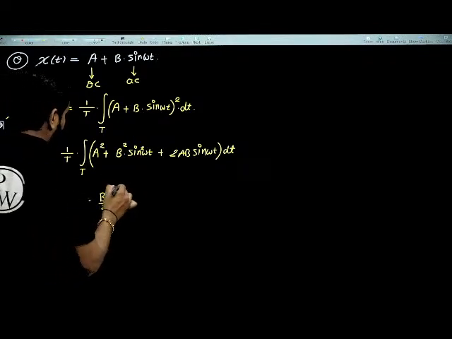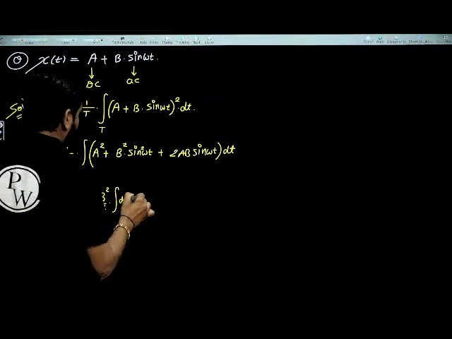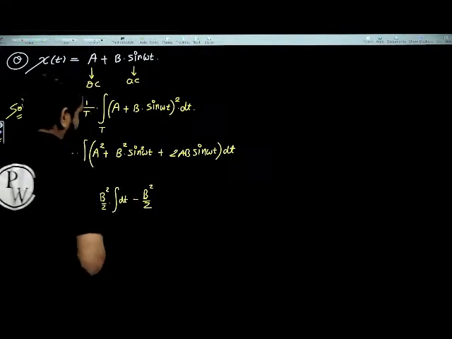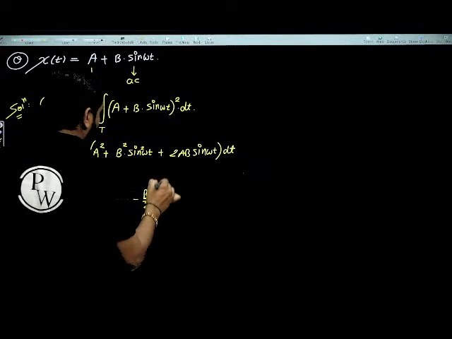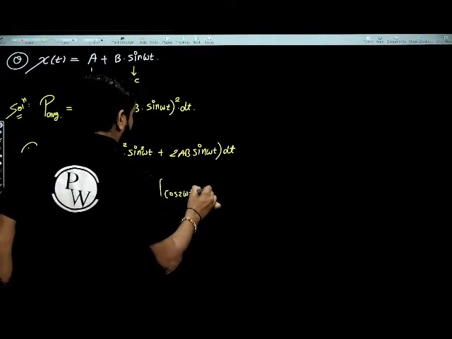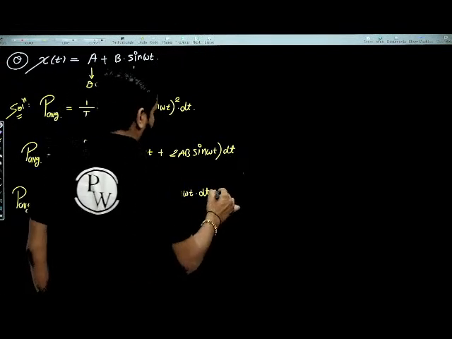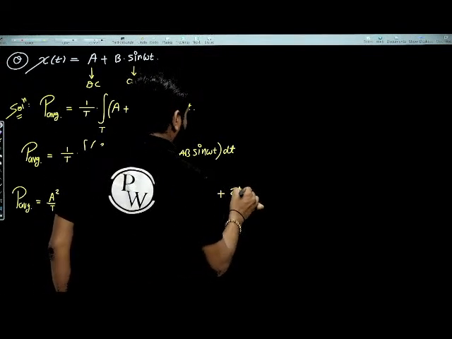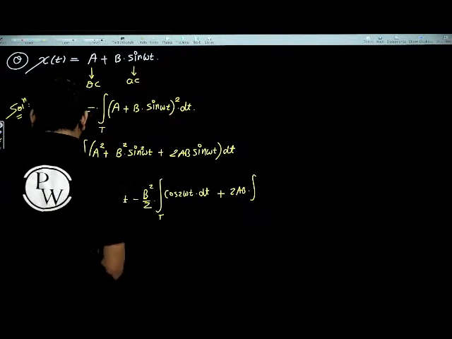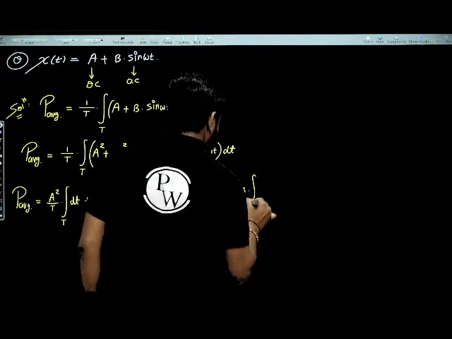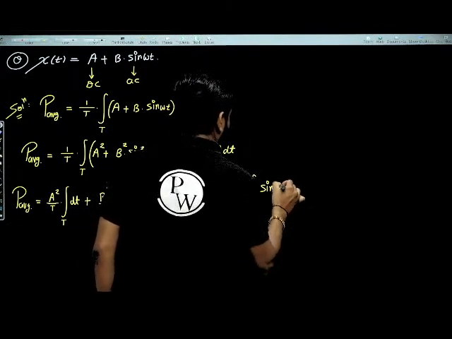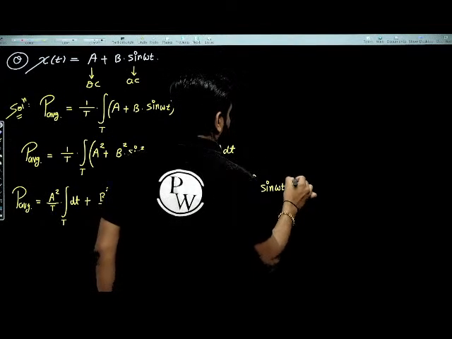So integration dt minus B square by 2 integration cos 2 omega t dt, plus 2AB integration over a fundamental time period of sin omega t dt.